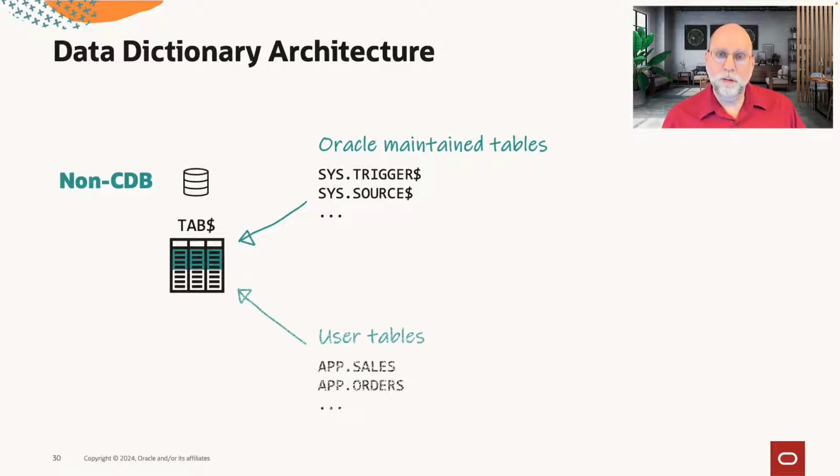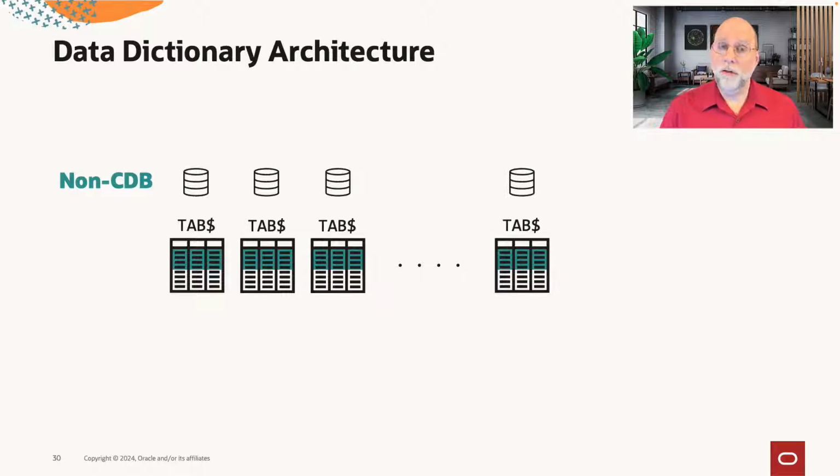But you also have your user tables. These are the things that your application might need to operate or get installed with that packaged application, or the tables that your users create themselves. All of that lives in the database, and you have that in the non-CDB. And if you have multiple non-CDBs, then you have multiple copies of that data dictionary.